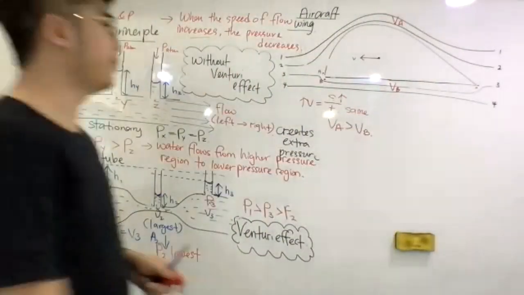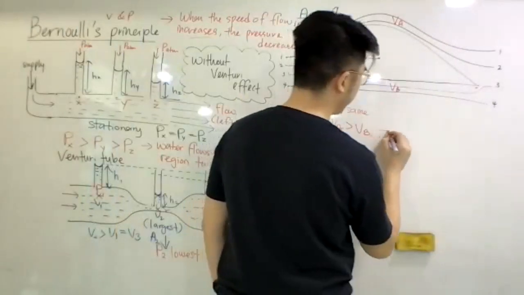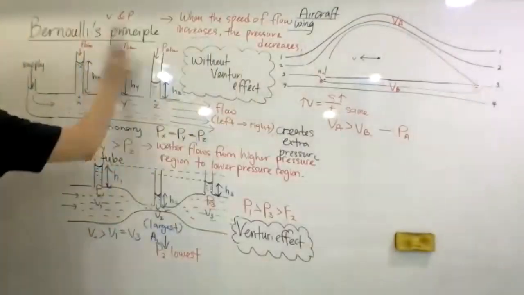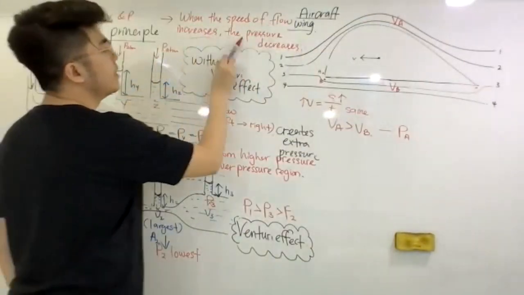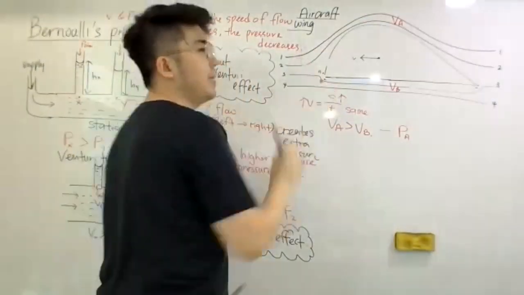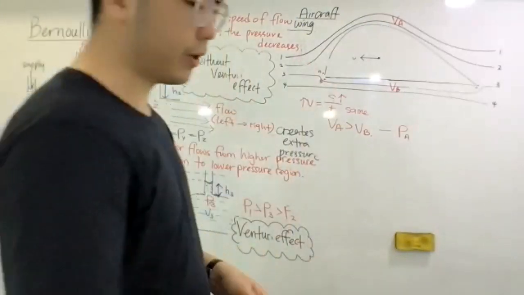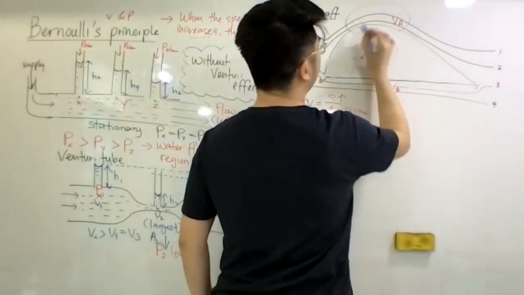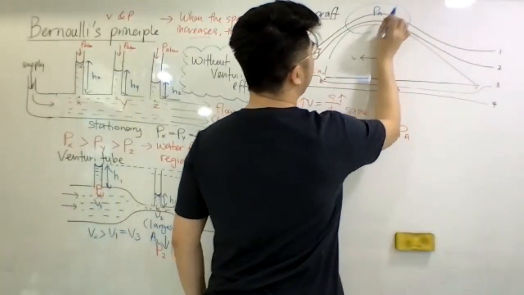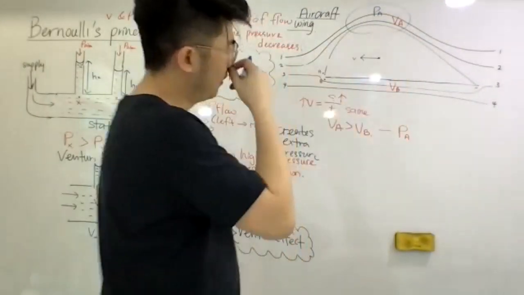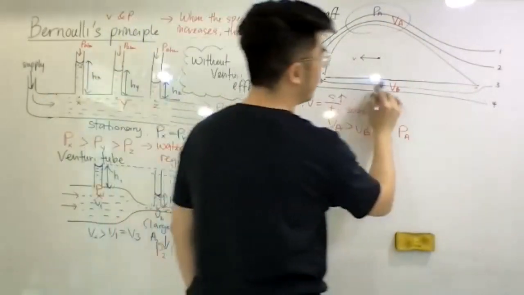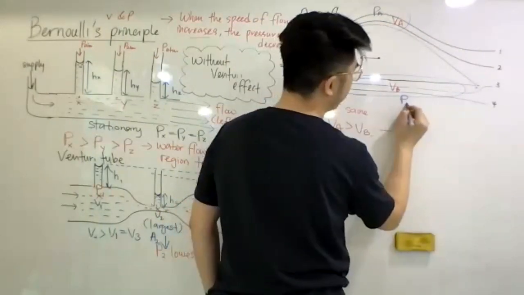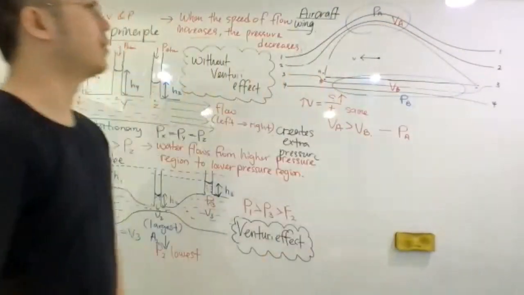So what happens here? If VA is higher than VB, then what about pressure? According to Bernoulli's principle, when the speed of flow increases, the pressure decreases. So we are looking at two regions. The first region is the upper region, which I will call PA, the pressure at this region. And then the region at the bottom here is pressure PB, the pressure at the bottom region.